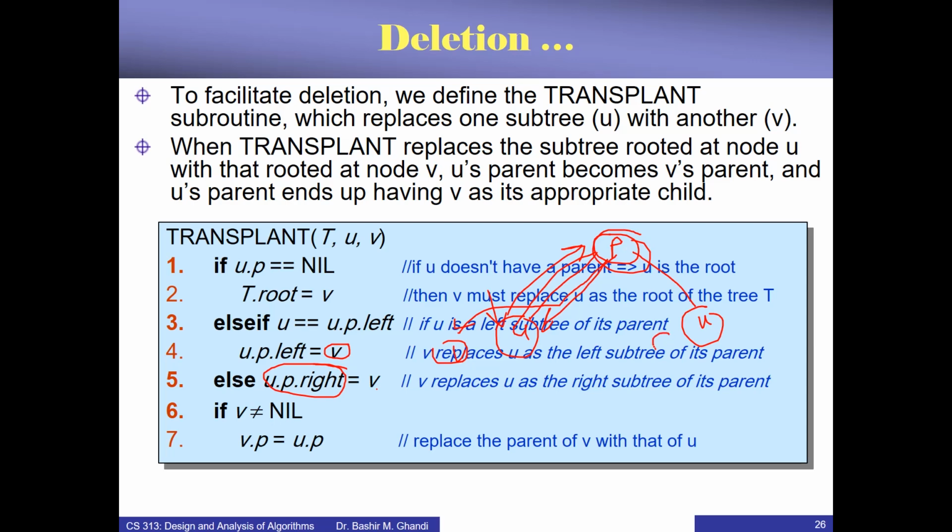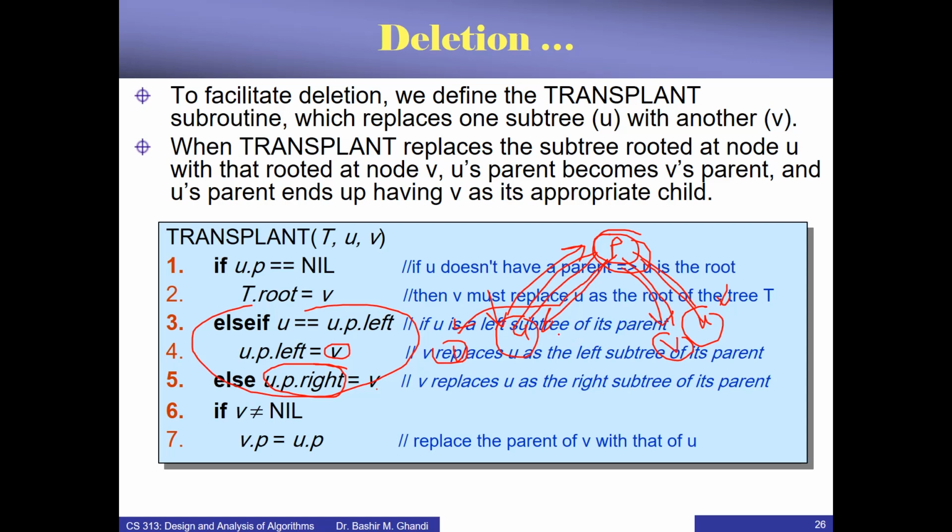So in that case, we're gonna make V to be that right child, not U any longer. So it's saying U dot P dot right becomes V. So based on this, we have done one of the assignments. We have set the link from the parent to V.